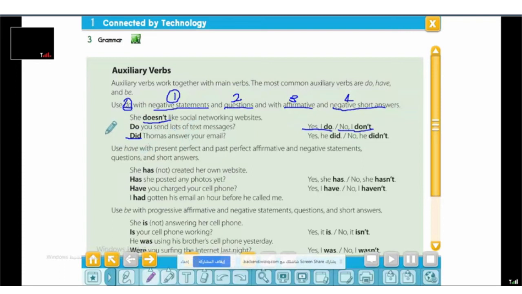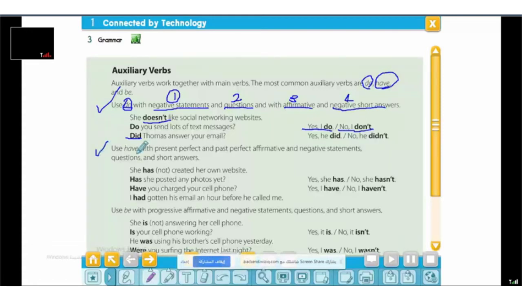Now, let's move to the second auxiliary. Here we have auxiliary verbs. Number one is do. And we have have. The second is have.